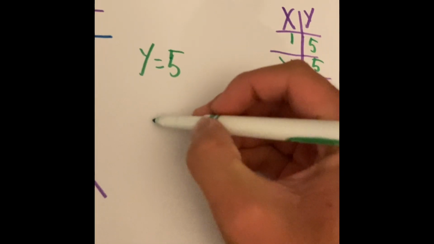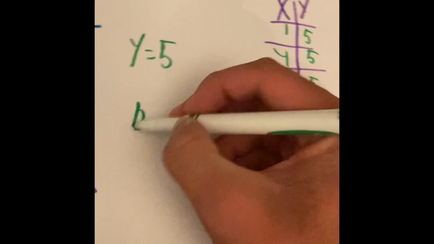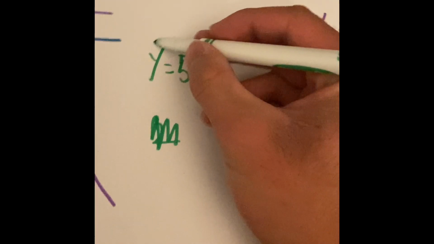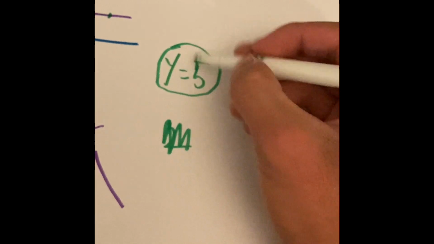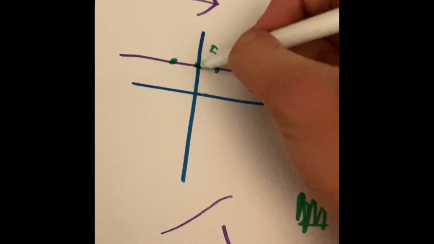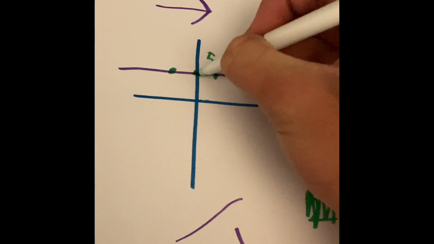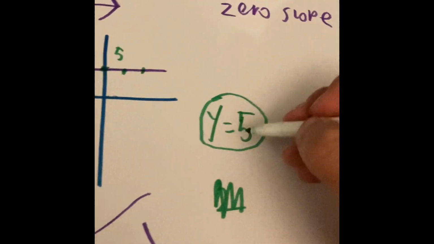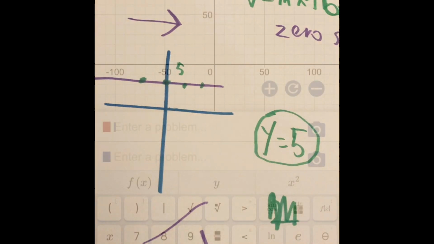Whenever you insert a number like 2 in for x, it won't work because the equation is saying everything must be 5. Literally, everything must be 5. So here's an example of y equals 5 on a graph.